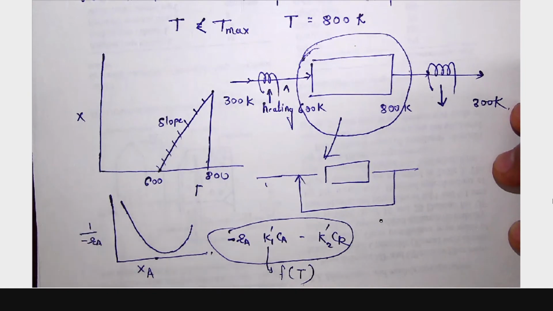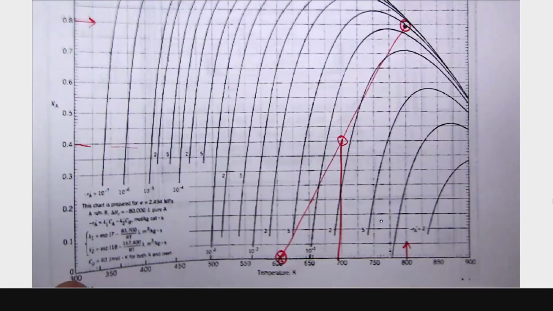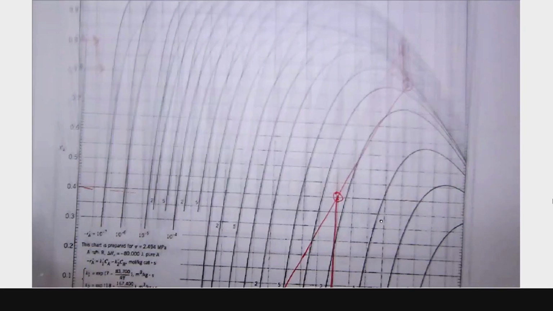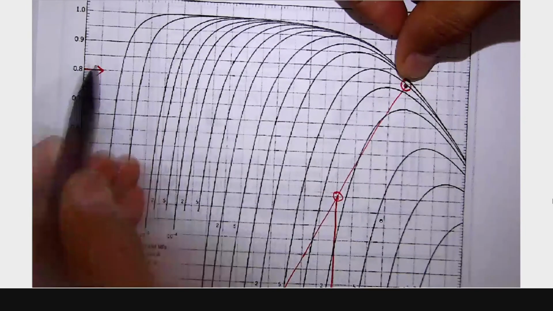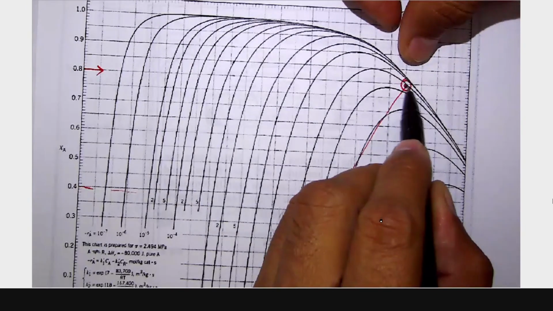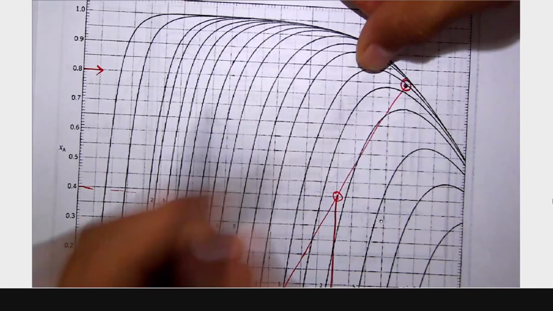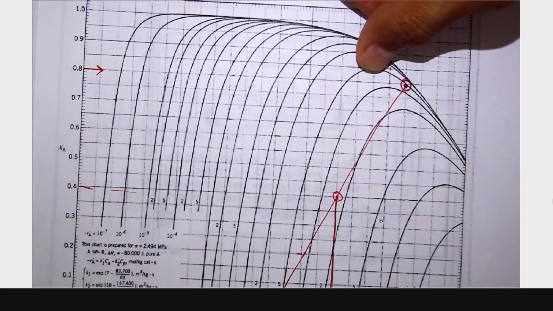So by using this particular figure, suppose this is 800, so at this point X_A is 0.8 and R_A will be what? It is at this particular curve. So R_A is around 5, is it?